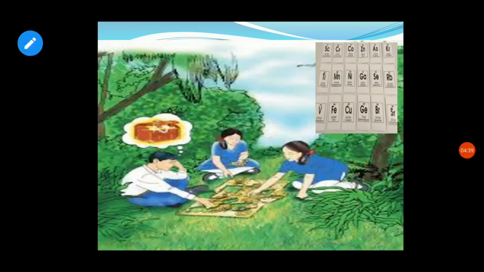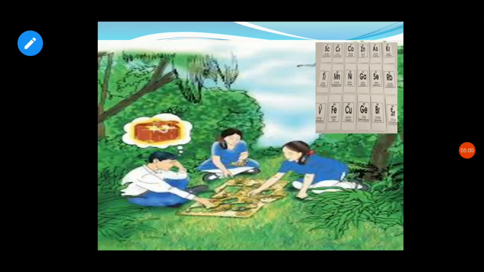Periodicity means the same properties of elements are repeated at regular intervals. I repeat, if the elements are arranged in increasing atomic masses, the properties repeat at regular intervals.